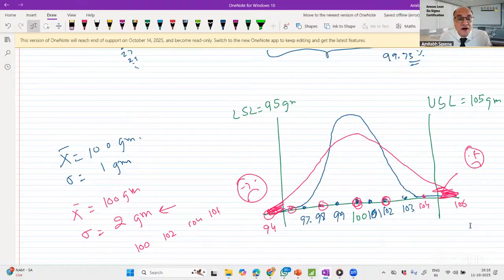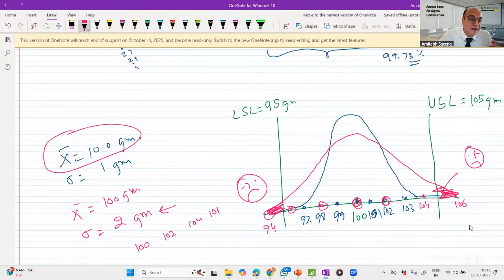The red surgeon is threatening the patient in both cases. But the blue surgeon, representing 100 minutes of surgery time and 1 minute of standard deviation, is not threatening the patient safety-wise. It's much better. I hope you got the understanding.